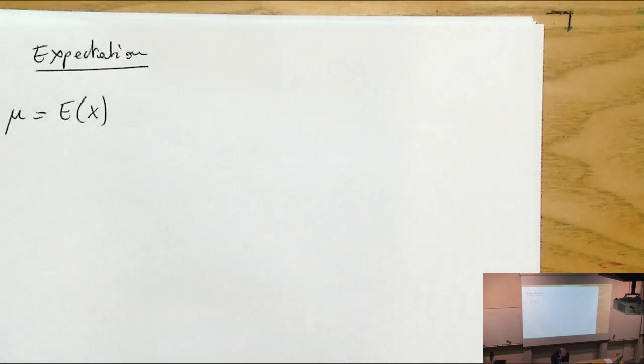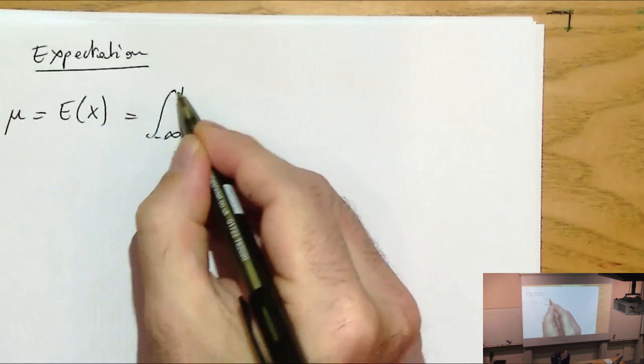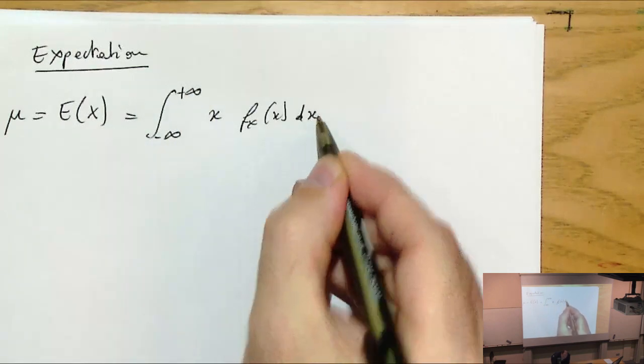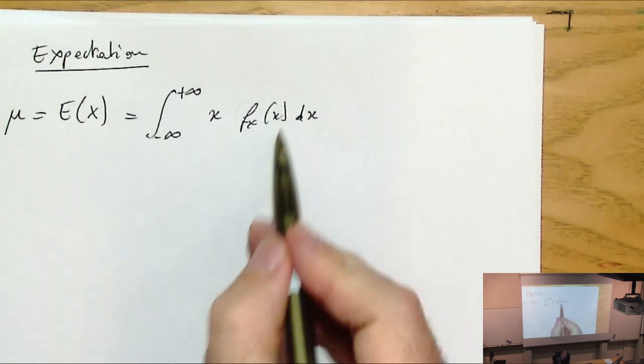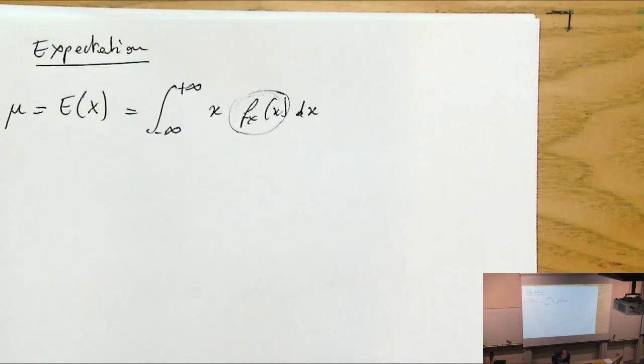But now, since I have a continuous random variable, I do not sum over the range, but I take an integral. So this will be the integral between minus infinity and plus infinity of x multiplied by its weight, essentially. So this is like a weighted average, where the weight is again given now by f_X(x), by this probability density function.